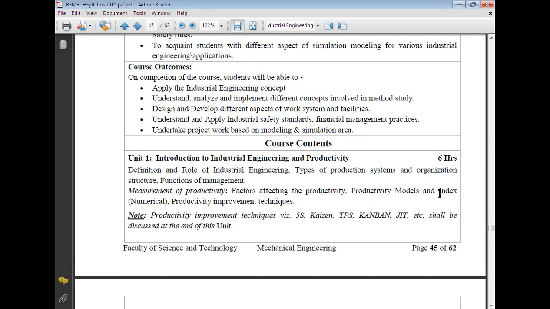Then, productivity models and index, that is what we will be discussing. Here, on the same topic, we will be asked numericals on this. So, we will discuss these numericals. Then, productivity improvement techniques we are going to discuss.